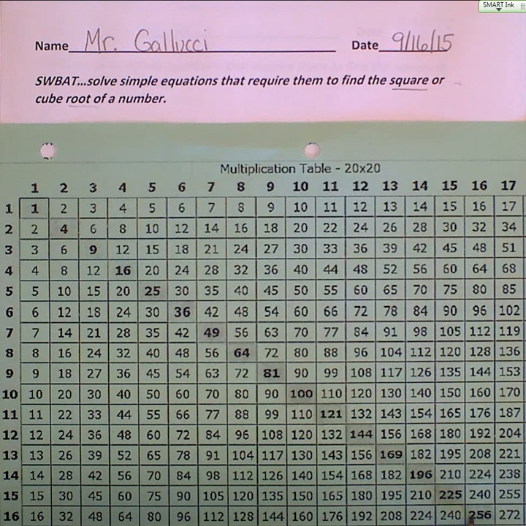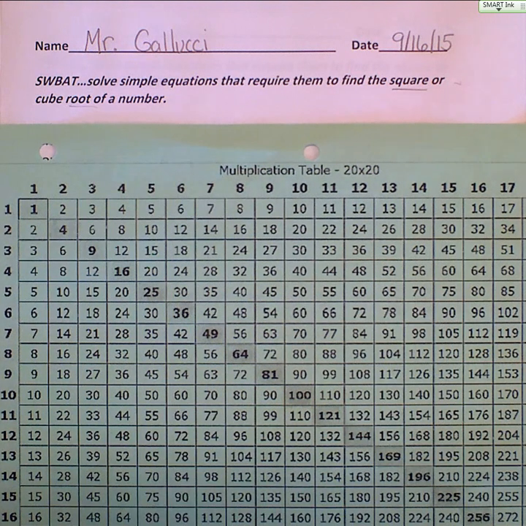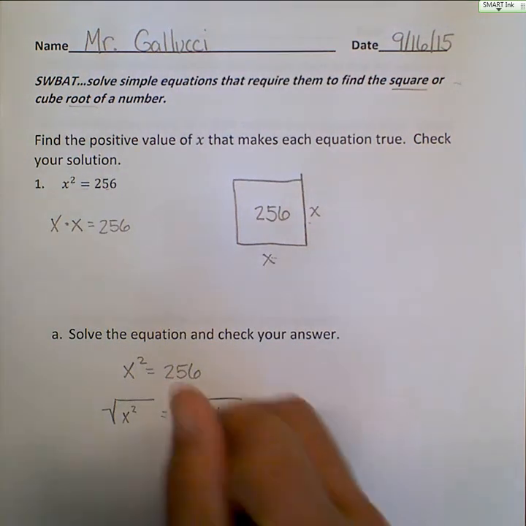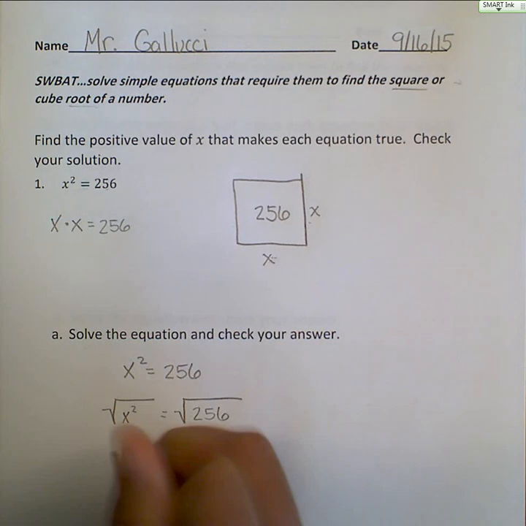Here are my perfect squares shaded along the diagonal. And I see that 16 times 16 is 256. So the square root of 256 is 16, and the square root of a number squared is just the number, or x.